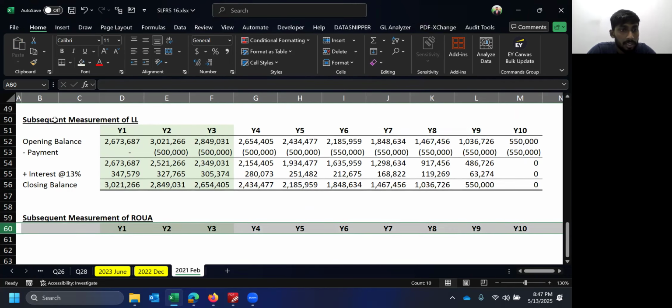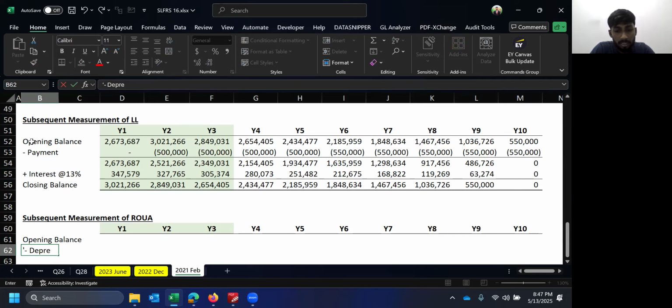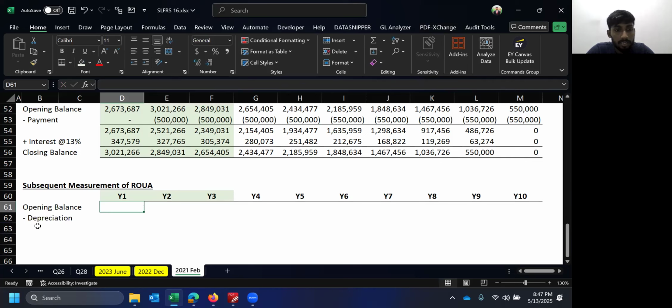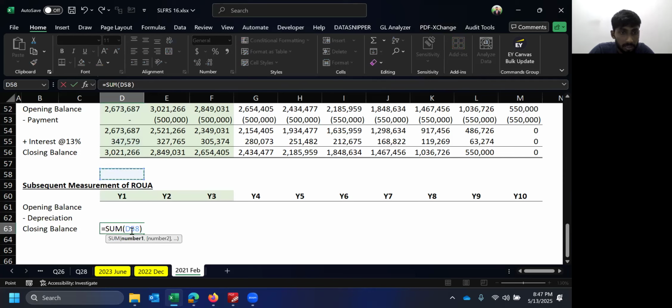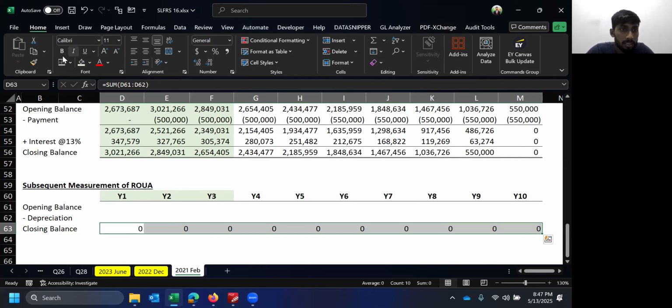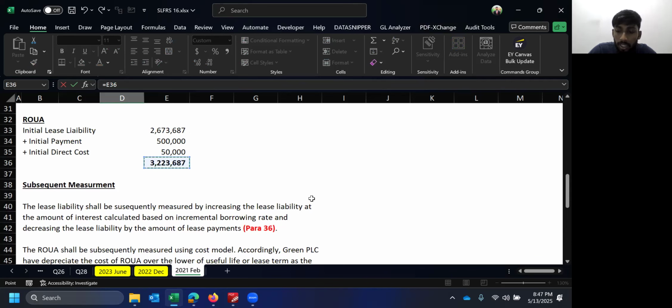So now let me put the subsequent measurement of the right of use asset. Okay. So here I have the opening balance. From that I need to deduct the depreciation. So opening balance, then I can get the closing balance. Opening cost of the right of use asset is 3.223 million.